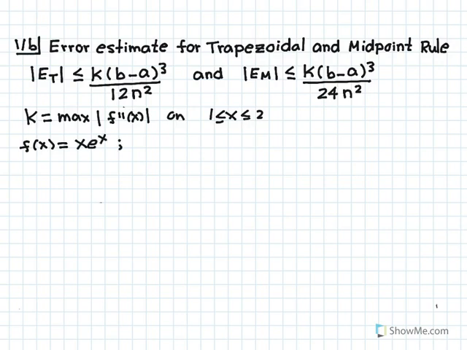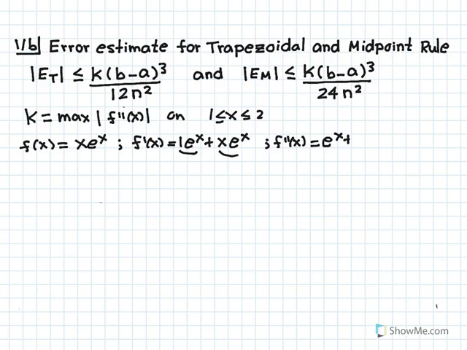Now differentiate this. We get f prime of x, applying the product rule: derivative of x is 1 times e to the x, plus keep x the same times e to the x. Now let's do the second derivative, f double prime of x. That's going to be derivative of e to the x, which is just itself, e to the x.